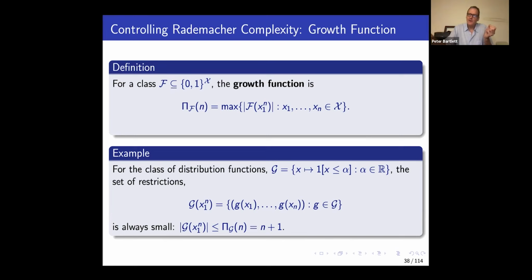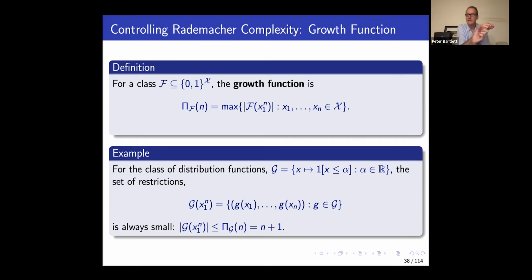If you think about x1 through xn being ordered on the real line, and we consider an alpha that's below all of them, then the indicators are going to be 0.